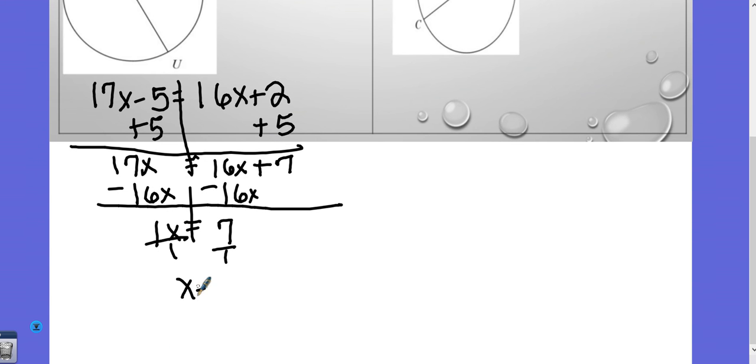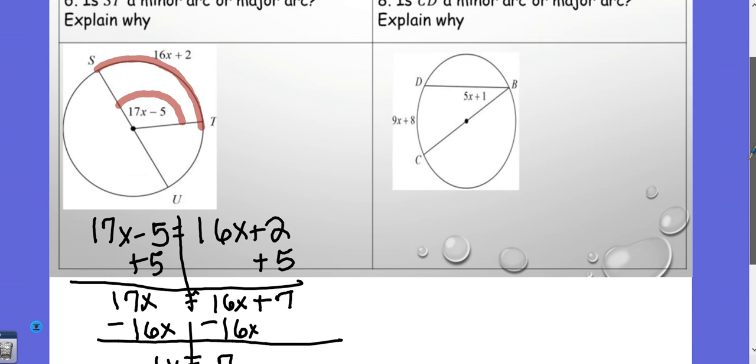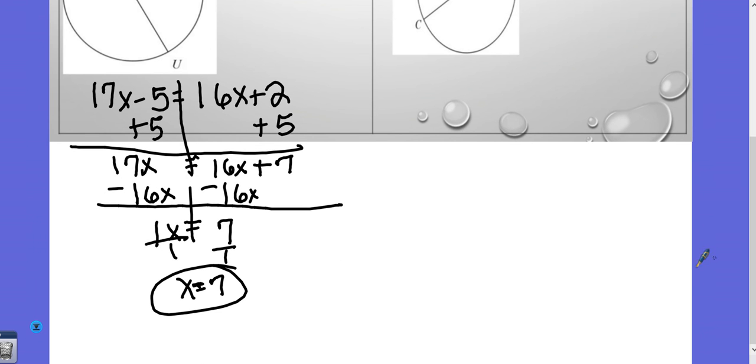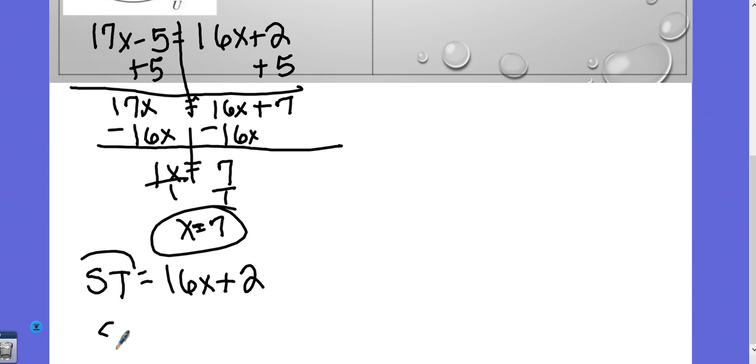X equals 7. And it said find the measure of that arc. So ST equals 16x plus 2. So in order to find arc ST, it equals 16x plus 2. So here, arc ST, we're going to substitute the 7 in for x.